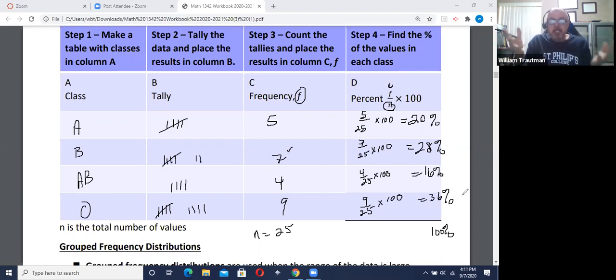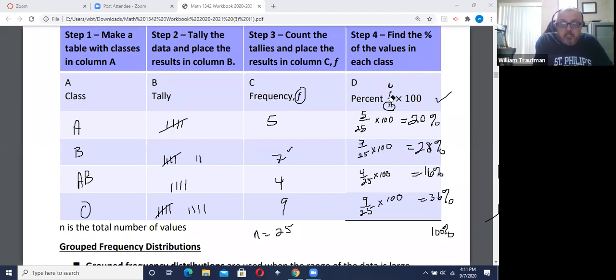So this is the beginning of our frequency table, just tallying up the different data that we have. And we don't always have this percentage here, but we could. So the percentage, I would write this formula down then.